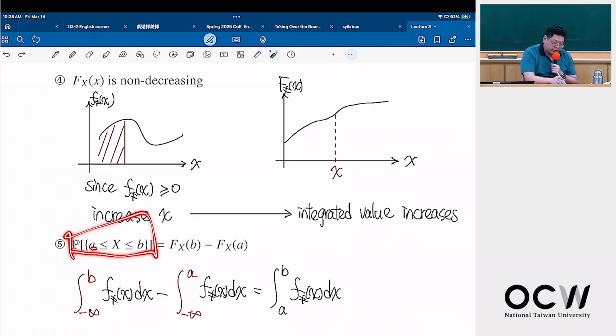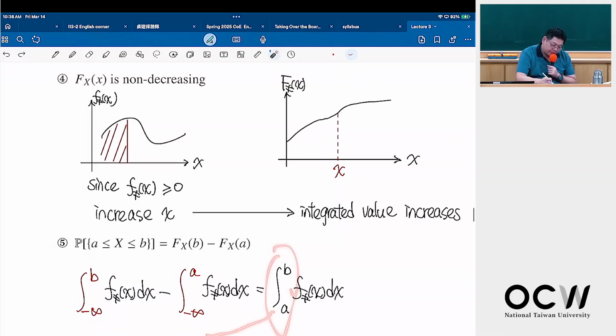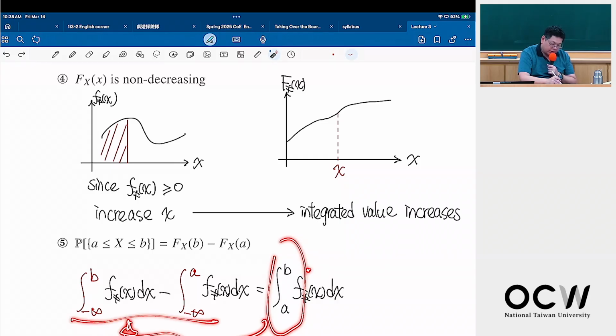From property number 3 of the PDF, this probability is equal to the integration of my PDF from A to B. But the integration from A to B, we can rearrange to a subtraction.